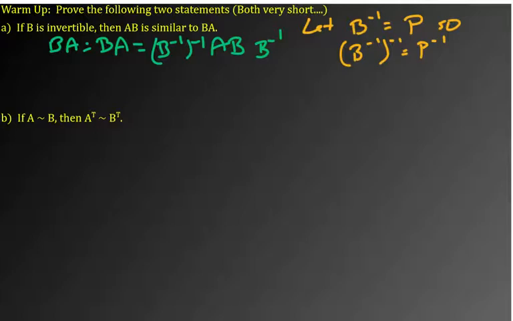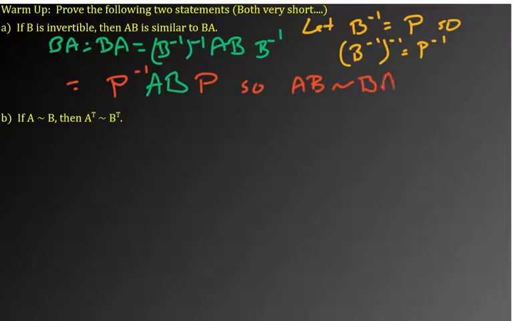Therefore I get P inverse, which is my B inverse, then I have an AB in there, and then B inverse is P. So AB, by definition, is similar to BA. And that does it. It's just a clever use of B inverse to get the AB to BA similarity.